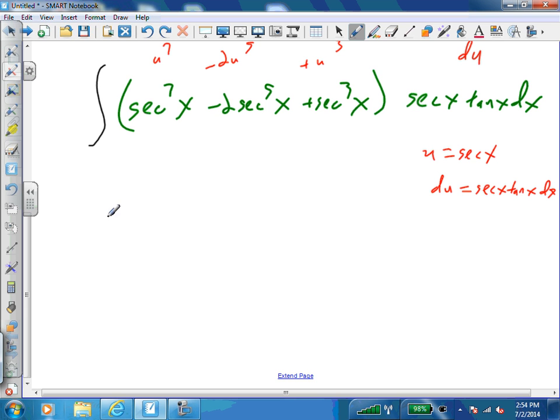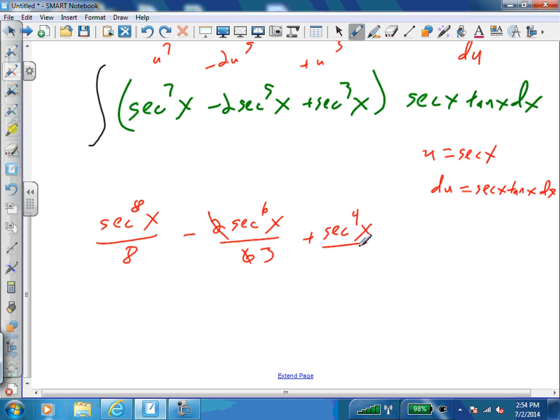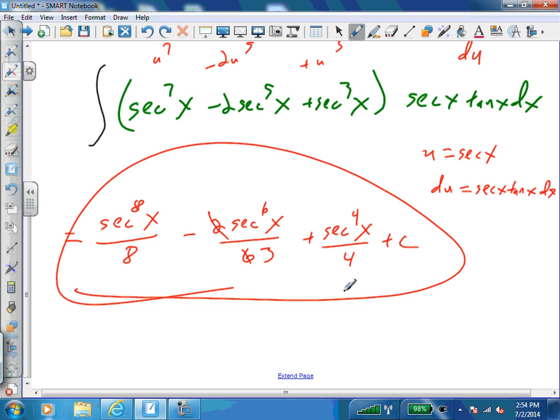So that integrates into what? U to the 8th, so secant to the 8th over 8, minus 2 secant to the 6th over 6, which reduces, plus secant to the 4th over 4, plus C. So it's a little time consuming, but if you can pick up on the patterns, it's just knowing, okay, an even number of secants, then I can pull out a secant squared for my du and change everything to tangents.